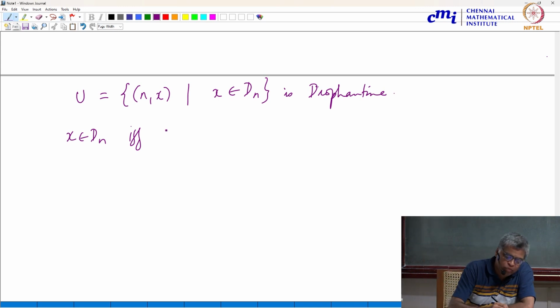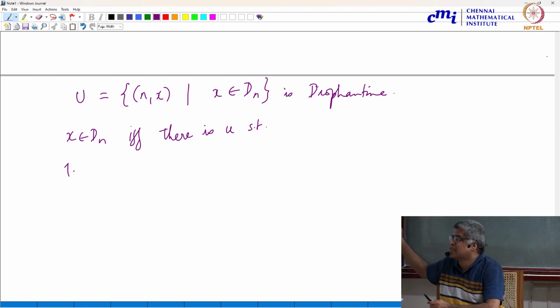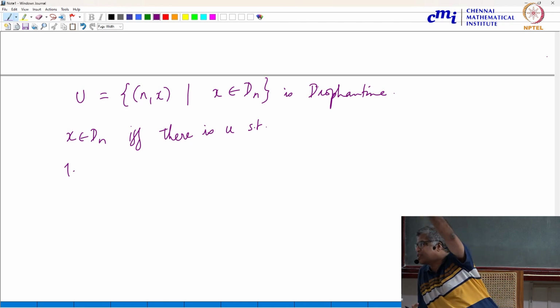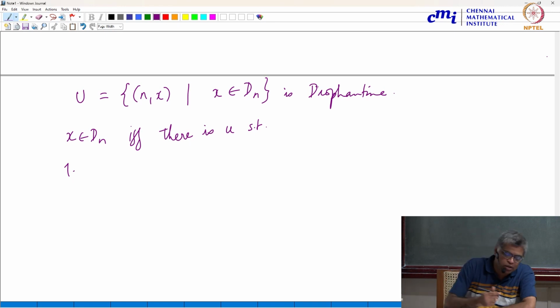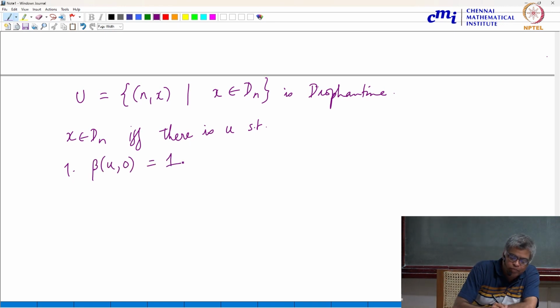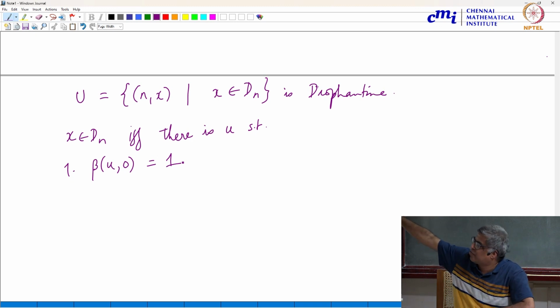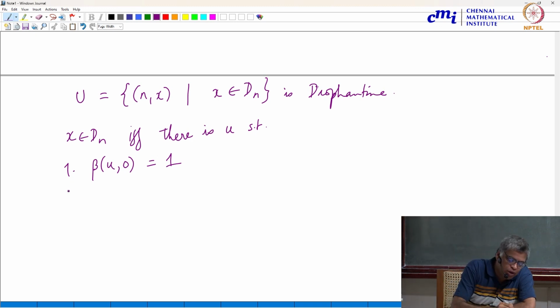So you can capture that enumeration by saying this: if and only if there is U such that, and this is a sequence, right? There is a sequence of sets that you have built, and there you have to use Gödel's beta function. There is a U such that, so this captures the first element for you.